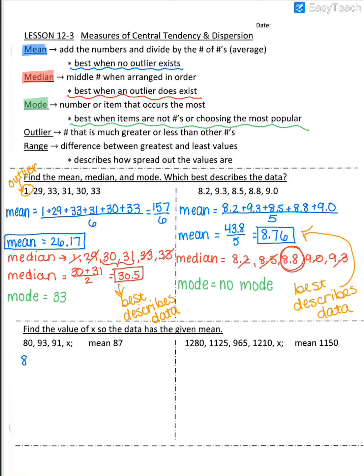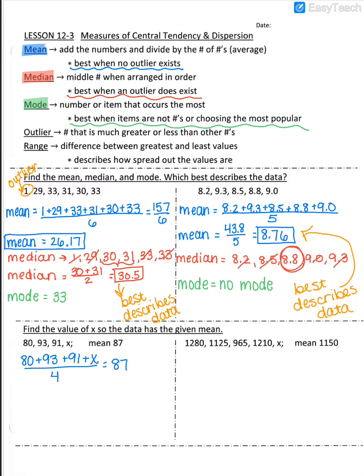We're still going to add all of these numbers in our data set together. We're going to divide by as many numbers as there are, and there are 4 numbers. We're going to count x as a number and set it equal to whatever the mean is. And this looks really scary, but it's really not bad. So the first thing that you can do is go ahead and multiply both sides by 4.